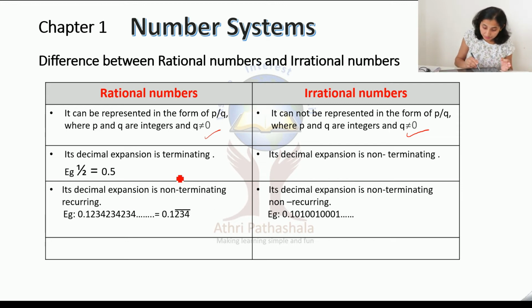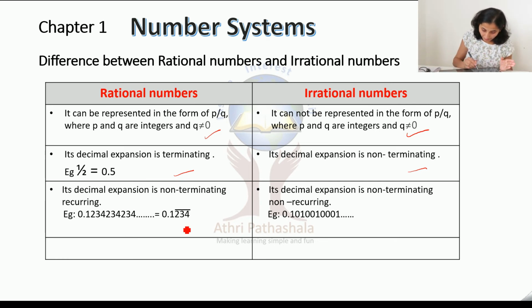In rational numbers, the decimal expansion is terminating, meaning it has some end. And in irrational numbers, the decimal expansion is non-terminating, so it does not have an end.